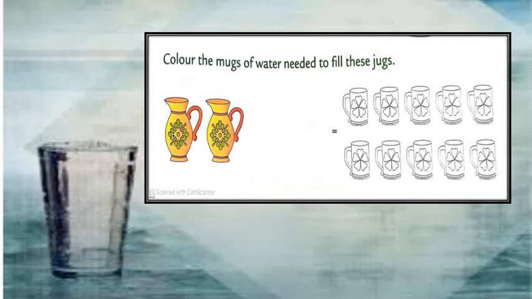Here we have 2 jugs. So how many mugs of water do we need to fill these jugs? First of all, let's find out for one jug. To fill this one water jug, we need 1 and 2 mugs.